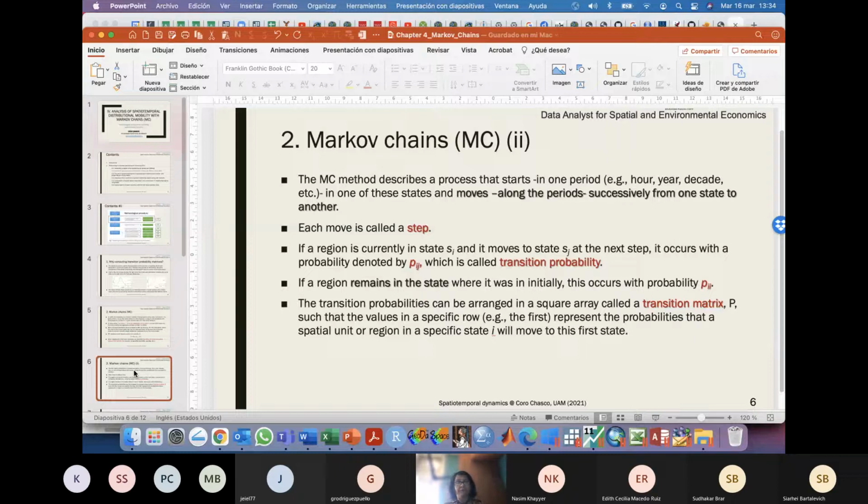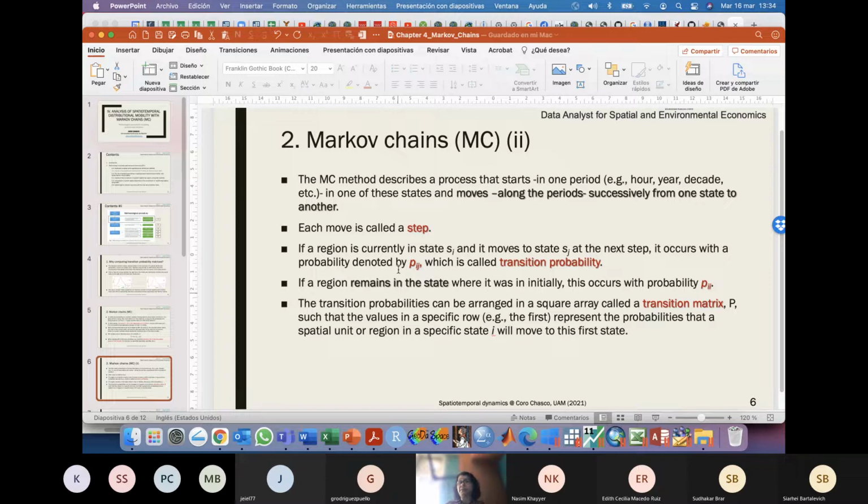If a region, or as I said, a spatial location, it can be a region, it can be a city, or whatever, is currently in a state Si, and it moves to a state Sj at the next step, it occurs with a probability denoted by Pij. So when you see in these papers that deal with Markov chains, Pij, what is Pij?